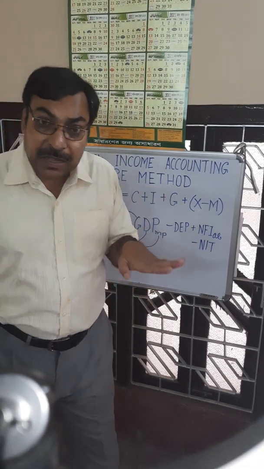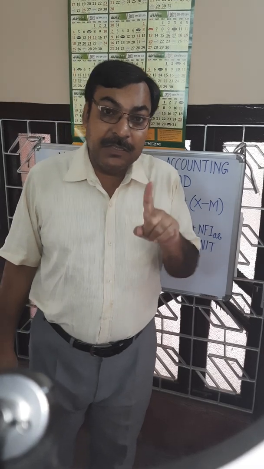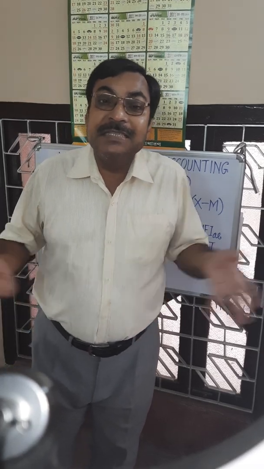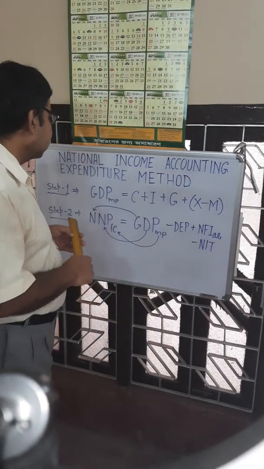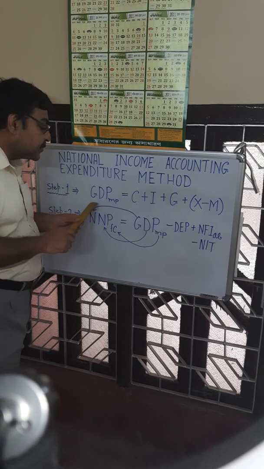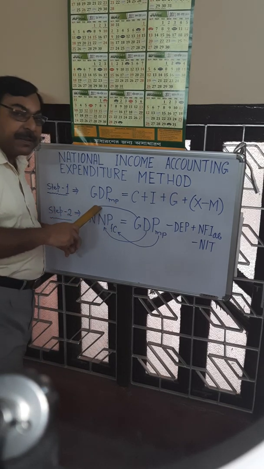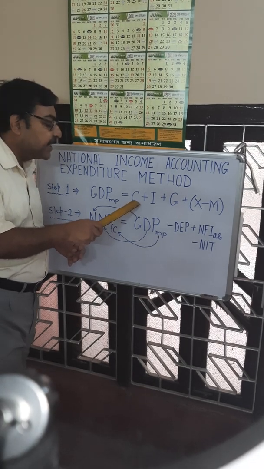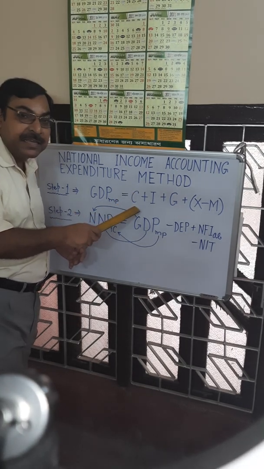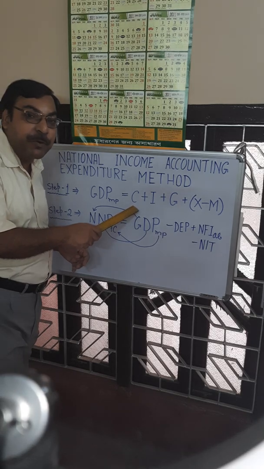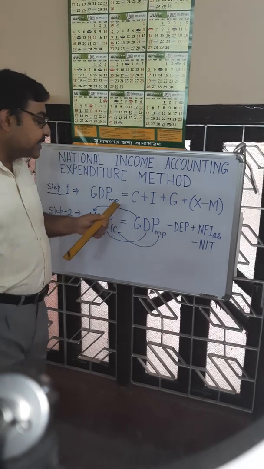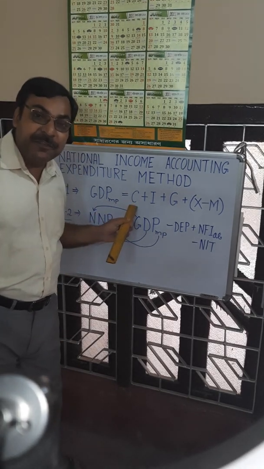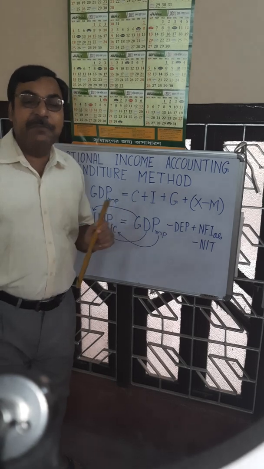So our first step is to estimate GDP at market price, and C, for private final consumption expenditure, is one of its important components.